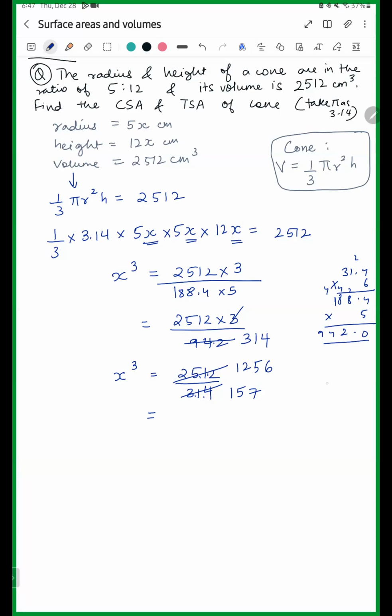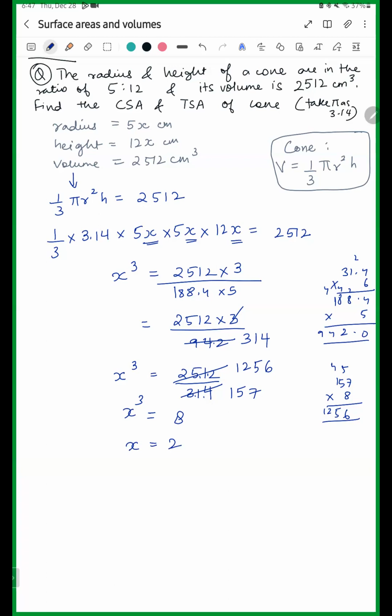Now 157, let's try multiplying it with 8. 157 multiplied by 8 is 1256. So x cube is giving us 8. That means x has to be 2. So your x is 2.